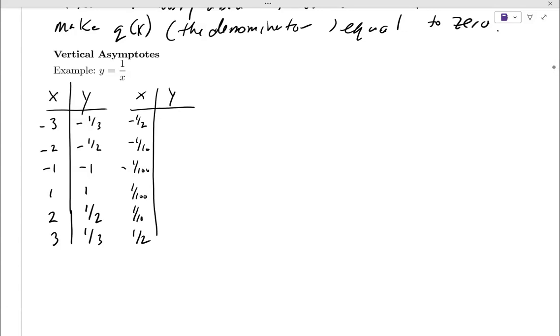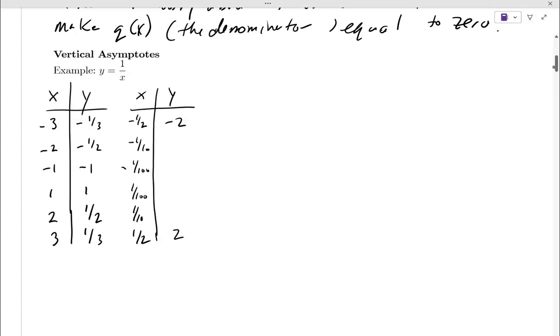Again, I'm just picking numbers, right? There's nothing special about these things. I just want them to be close to 0. If we plug in -1/2, well, again, the function says flip it over. So if you put in -1/2 for x, what do you get out? -2. And if we put in +1/2, we get out 2, right?